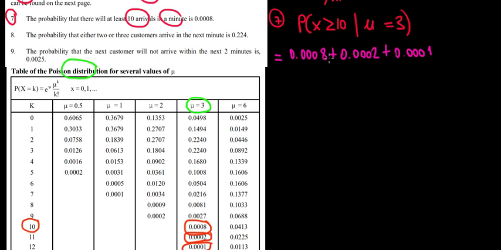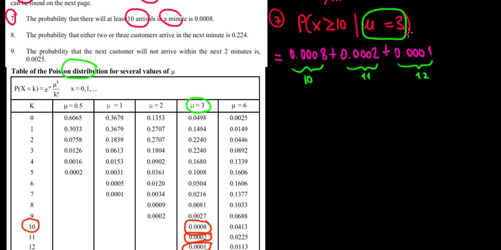Now, what do we see? We see that the probabilities are diminishing. The probability of having 10 arrivals is this amount, but the probability of having 11 arrivals is less, 0.0002, and the probability of having 12 arrivals is even less than that, given that the average rate is 3 customers per minute.